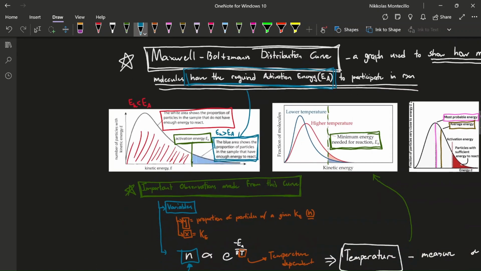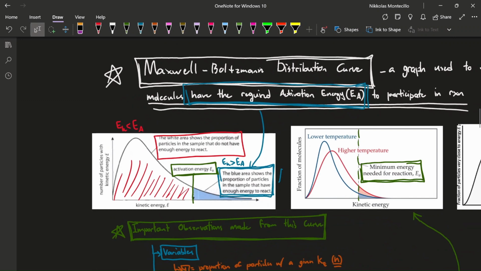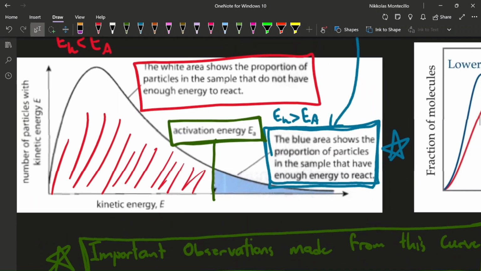It's very important to note that because the kinetic energy of these molecules is greater than the activation energy, they'll have enough energy to participate in the reaction. So this is the proportion that is able to participate in the reaction.